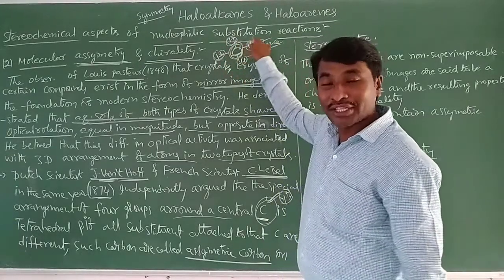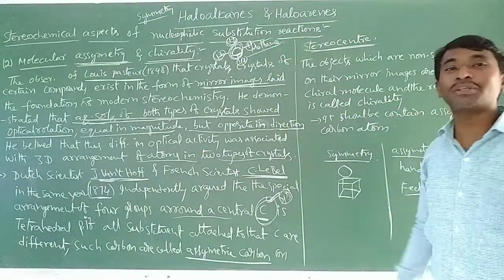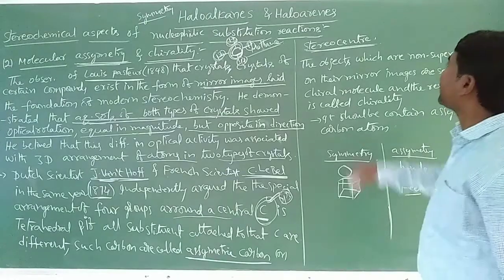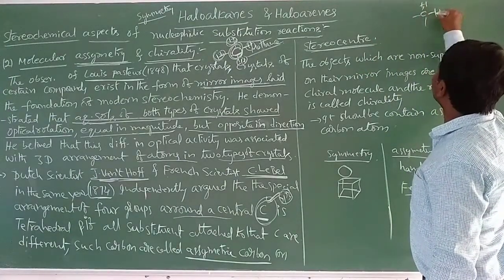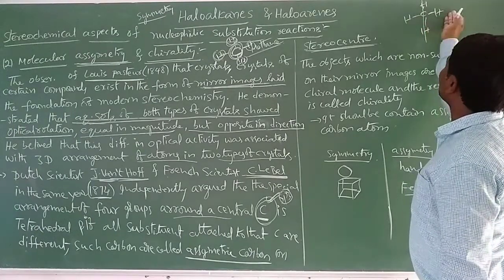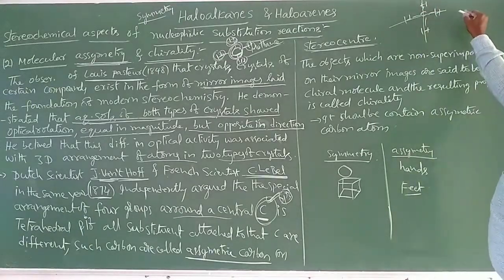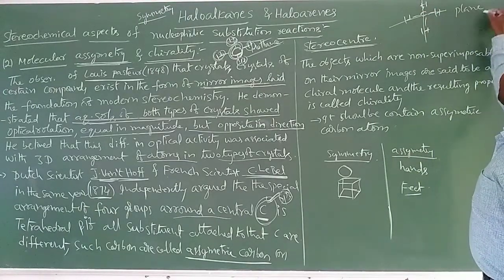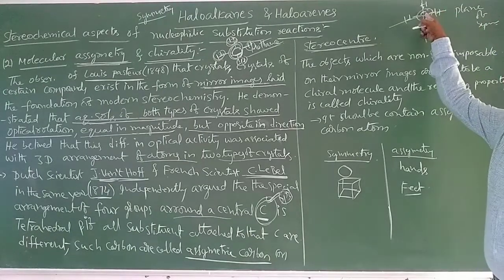If all are hydrogens, that has a plane of symmetry. Why? Because when methane is cut, it gives two halves. That's why it follows a plane of symmetry. So this carbon is not asymmetric.